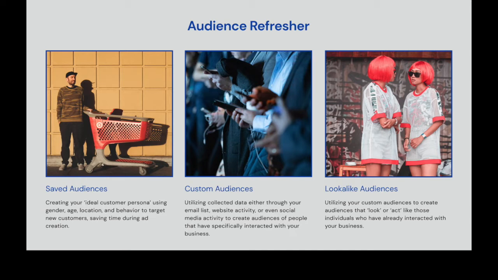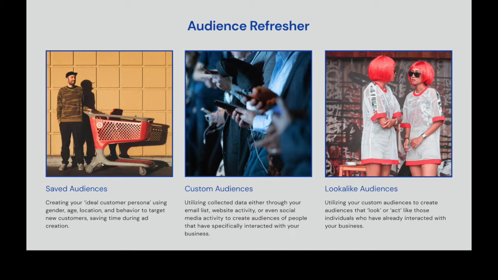So just a quick little audience refresher here before we get into it. So saved audiences, this is a little less data heavy based on things that you've collected and maybe more heavy on your assumptions.